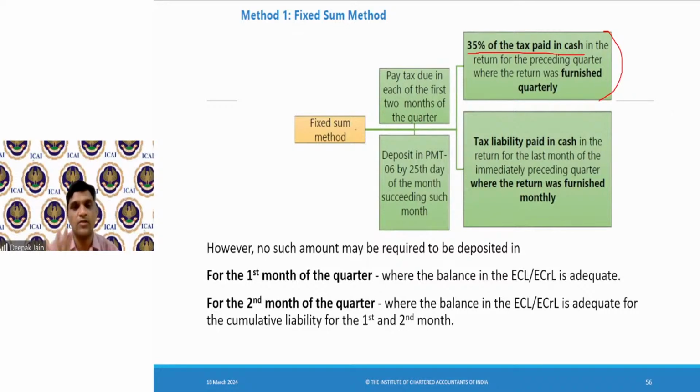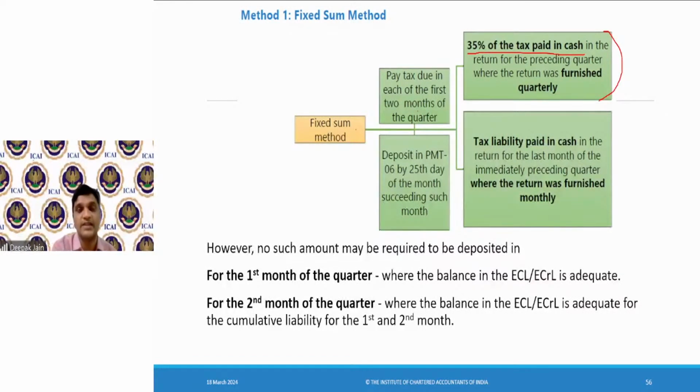And in the second month also 35%. ठीक है? Because it says first 2 months will be 35,000 first month पे liability होगा, 35,000 second month liability होगा. Because last month आपने कैश लेजर से 1 लाख पे किया, क्रेडिट लेजर से 2 लाख पे किया, उसका कैलकुलेशन नहीं होगा क्योंकि वो कैलकुलेशन होगा कि आपका पिछले क्वार्टर में क्रेडिट था तो इस महीने भी क्रेडिट रहेगा. ठीक है? So you will pay 35% of what tax you have paid in the previous quarter.